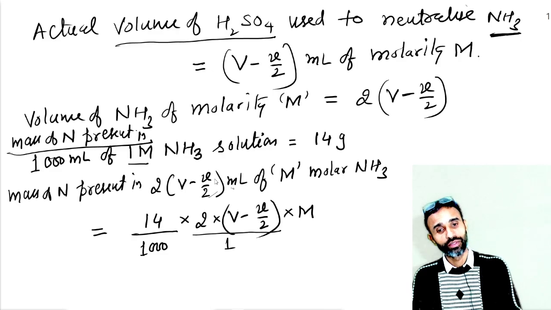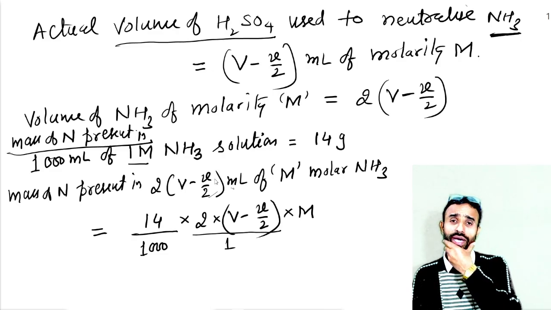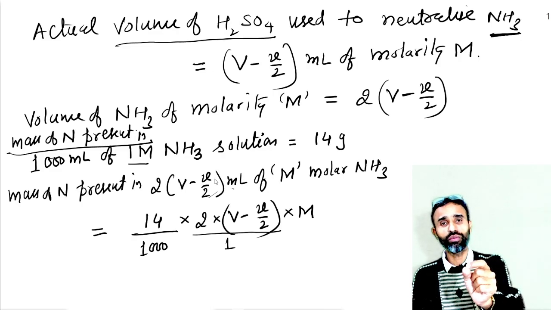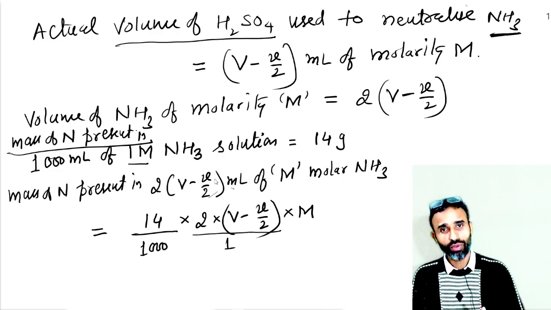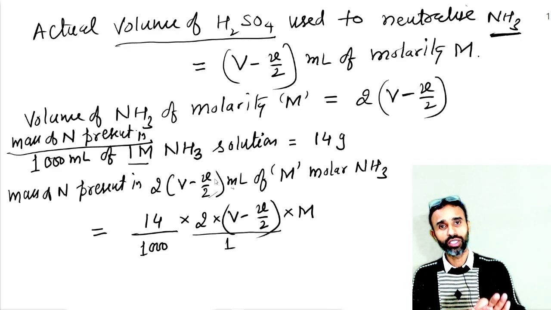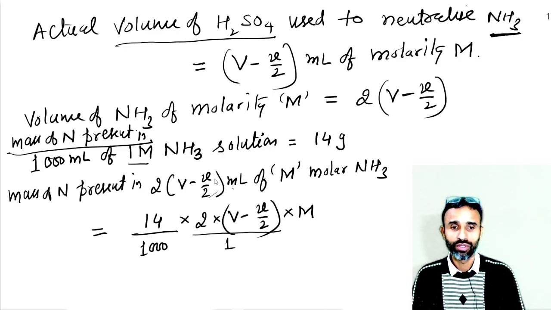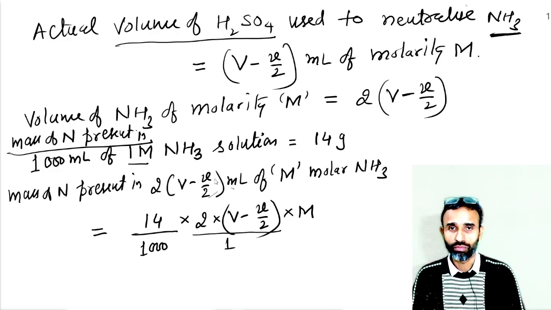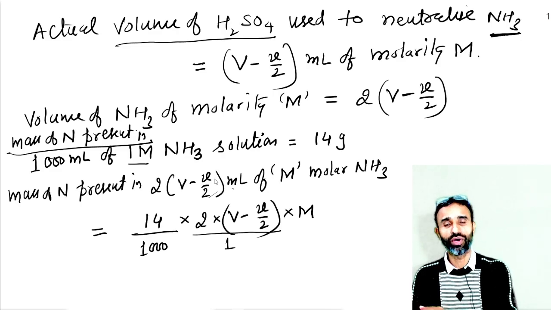So we don't need to use 17. There is no need, because we are actually finding the mass of nitrogen instead of ammonia. No doubt ammonia has 17 gram, but we need to know the mass of nitrogen. So I'm directly using the mass of nitrogen present in 1000 ml of 1 molar ammonia.